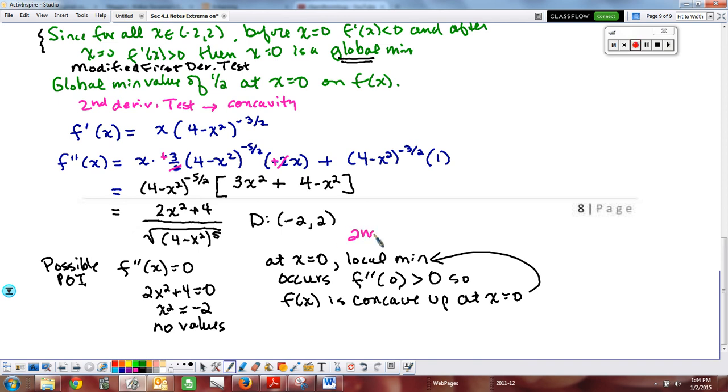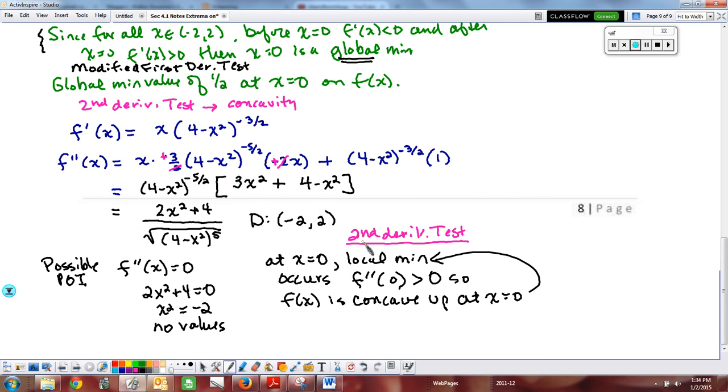So the second derivative test for extrema is that we take the critical point from the first derivative where you were switching your signs. You have an option: you either do the first derivative or you do the second derivative test. So you do the first derivative and you determine your critical points.